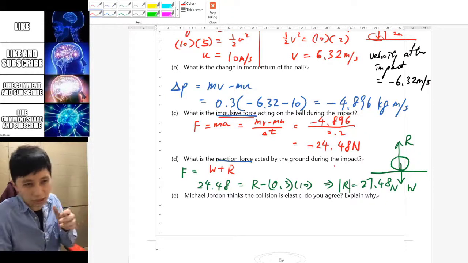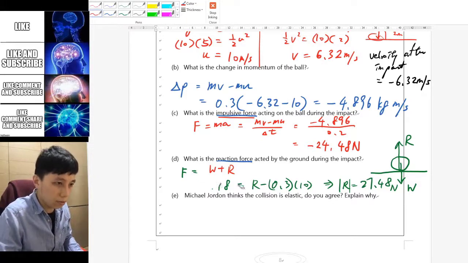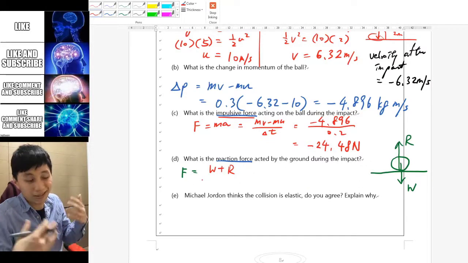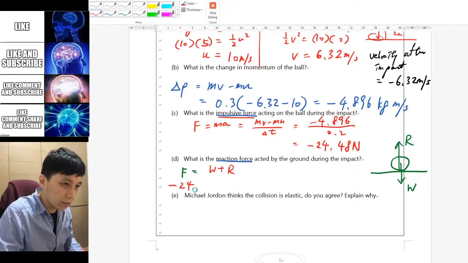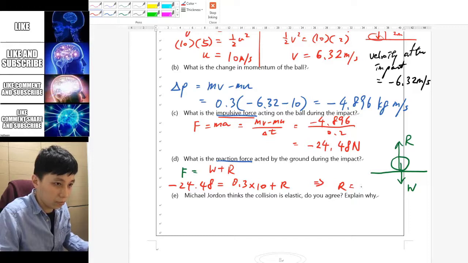Alright, and you may find, oh wait, shouldn't they be in different directions? What you can do is just ignore the direction, alright, just say they add together. I mean, that's the idea of net force anyway. And so you have negative 24.48, and then the weight being 0.3 times 10 plus R. And so you find out R equals, like what we mentioned, negative 27.48.